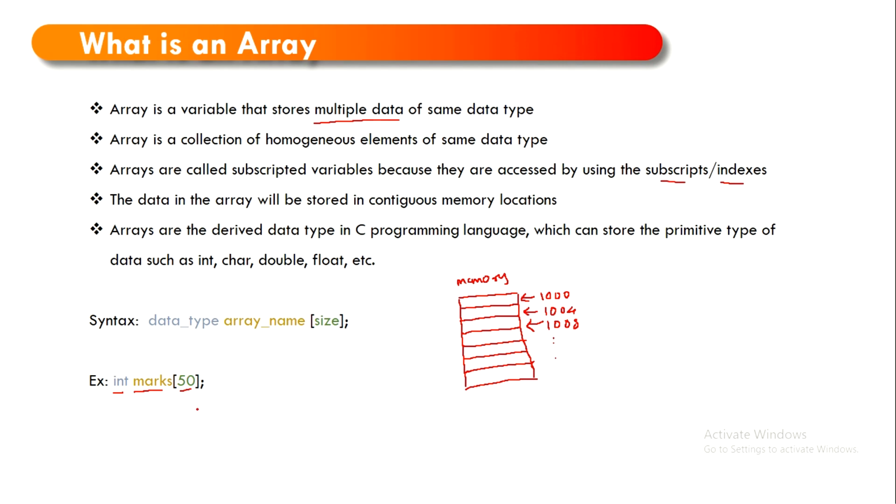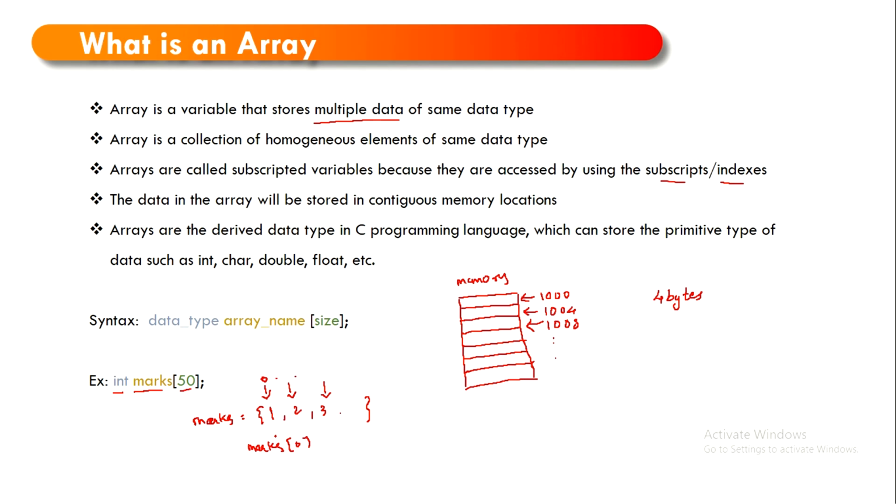Suppose we are giving the values to this array. Now we all know that the size of an integer is 4 bytes. So the first element in this array is marks of 0. When I write this, the 0 means the 0th index. So this is the first index, this is the second index. The index of the array begins with 0 and goes on till the size that we have mentioned.